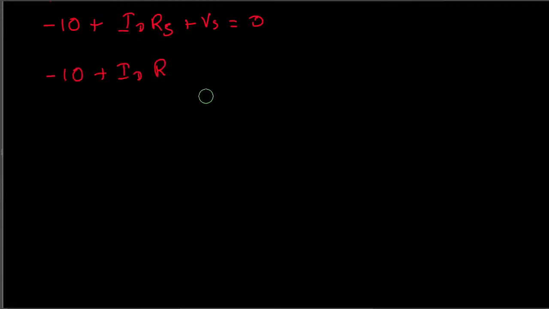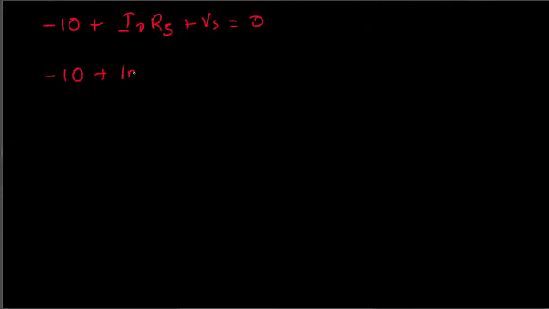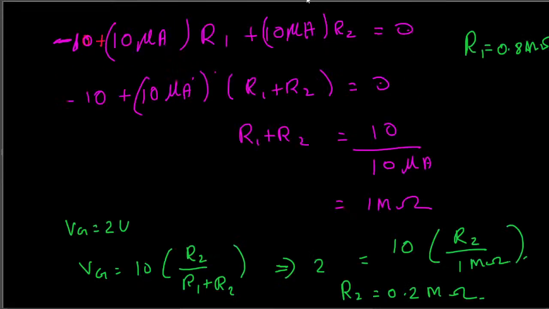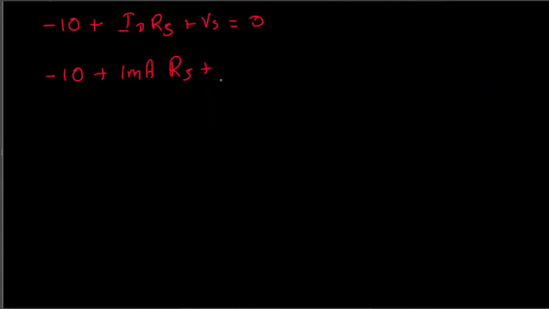ID we already know, let's plug that one in here. ID is given in the question to be 1 milliampere, so plug that in here, 1 milliampere. RS is what we are trying to find, and VS we already found out somewhere here, that is 5.265. Okay, that is equal to 0.